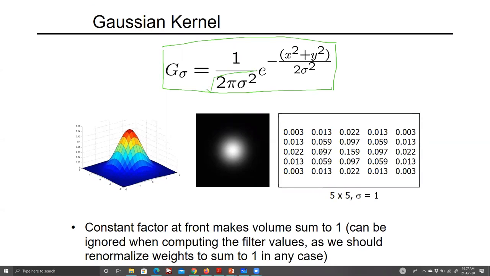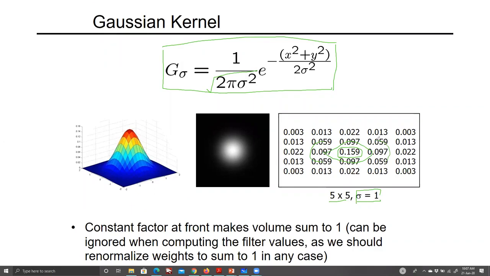If you want to understand, this is one representation of a 5 cross 5 filter where sigma is 1. You can see the highest value in the middle, and you can maybe make a circle around it.